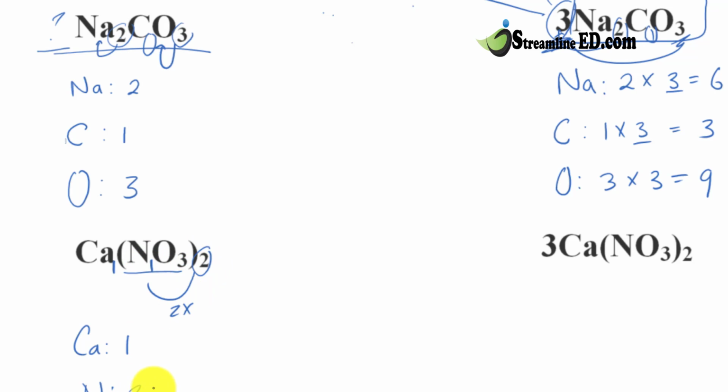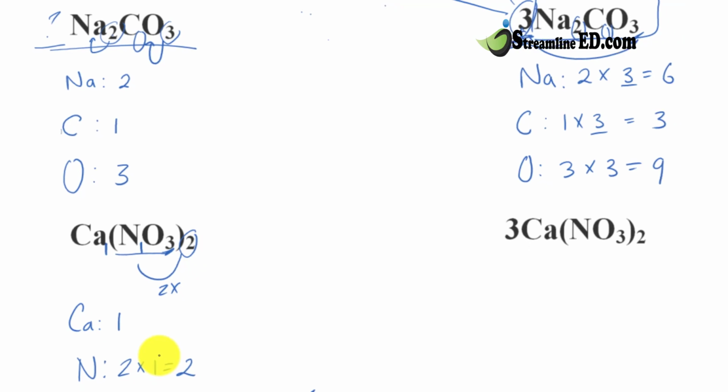So we have 2 times 1 equal to 2. Well, there are 3 oxygen in this polyatomic ion, but there are 2 of the polyatomic ions. So we have 3 times 2, or in this case, 2 times 3 equal to 6. And that's how the parenthesis has an impact on the number of the atoms.